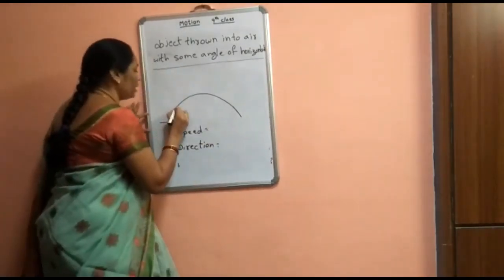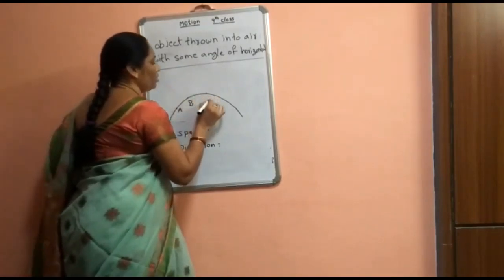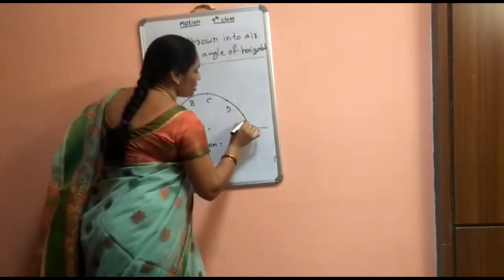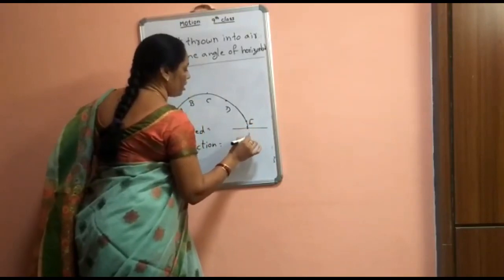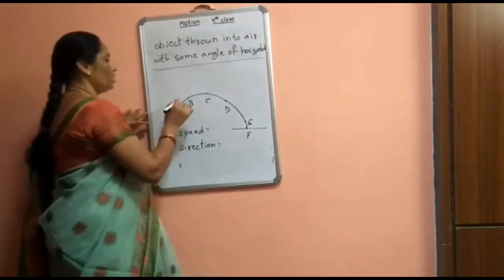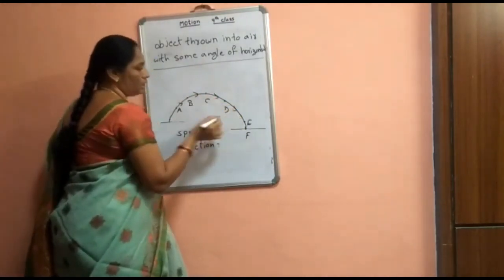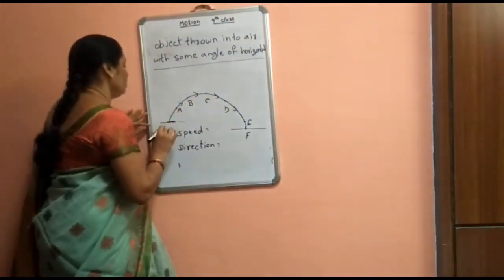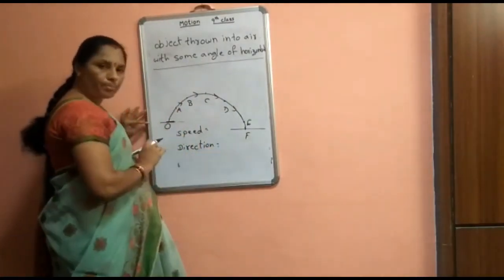For example, here we take some points A, B, C, D, E and also F. The direction of the object is from O point to F point.